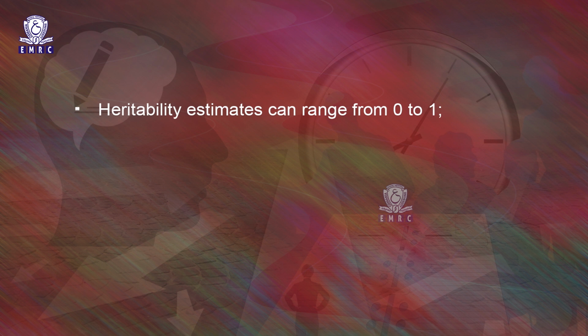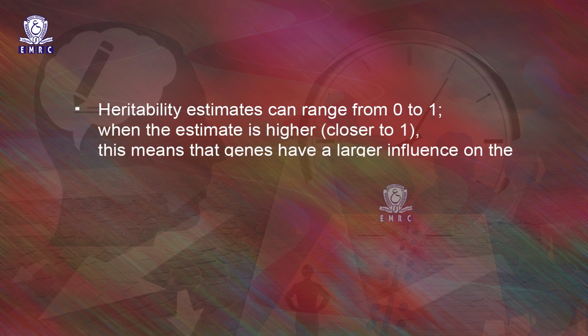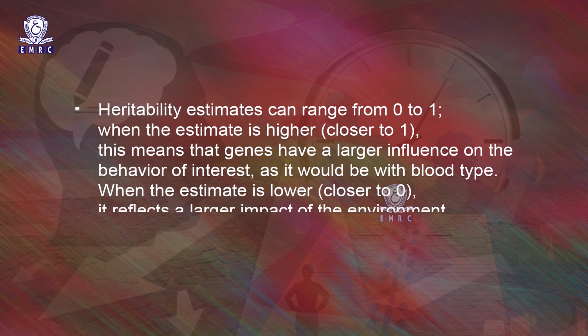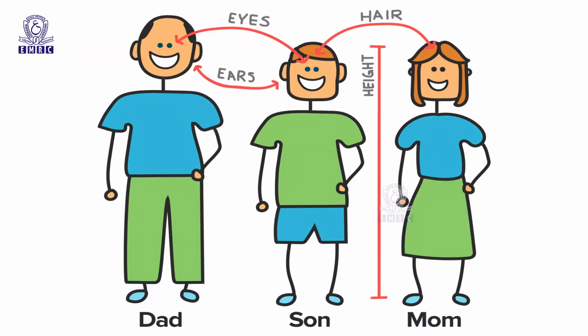Heritability estimates can range from 0 to 1. When the estimate is higher, closer to 1, this means that the genes have a larger influence on the behavior of interest, as it would be with blood type. When the estimate is lower, closer to 0, it reflects a large impact of the environment on the behavior. If there was a change in the environment, the heritability estimate would change as well.